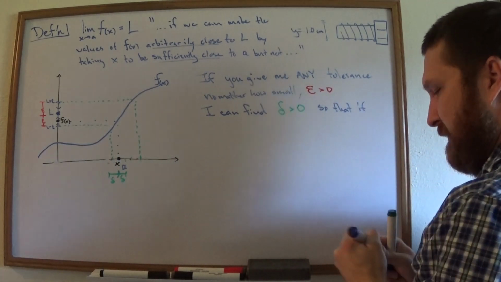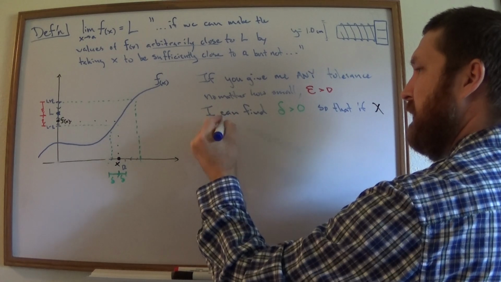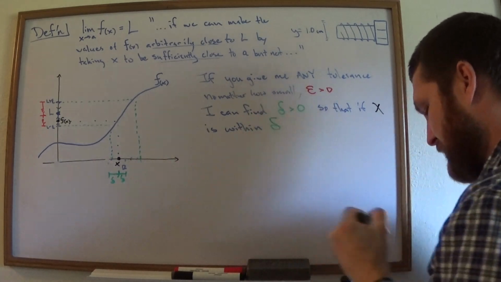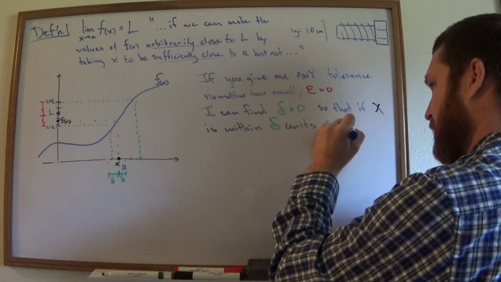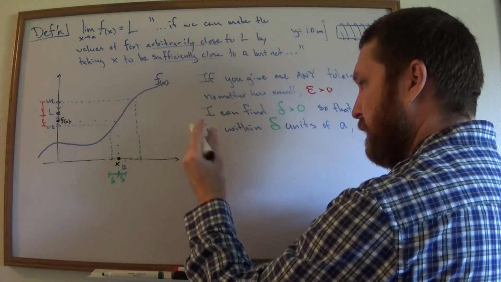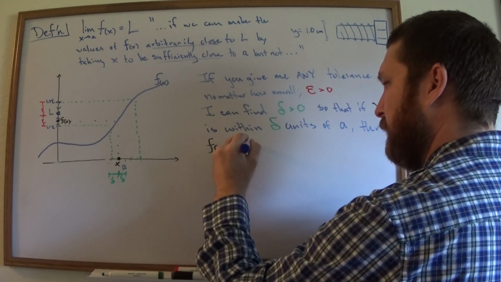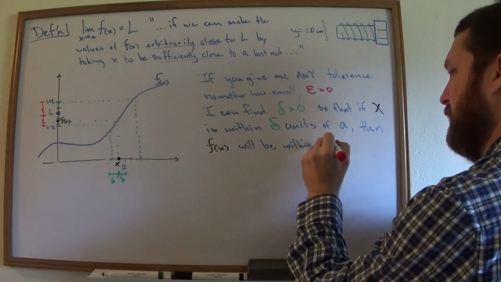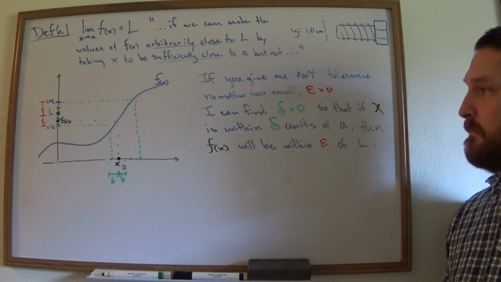So I could find a delta so that if x is within delta units of A, then f, which I did in black, will be within epsilon units, within your tolerance, of L. Does that make sense?